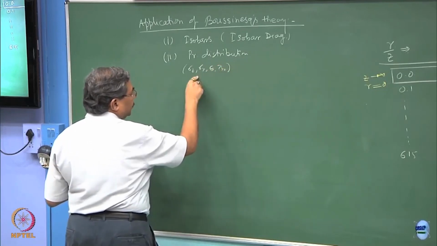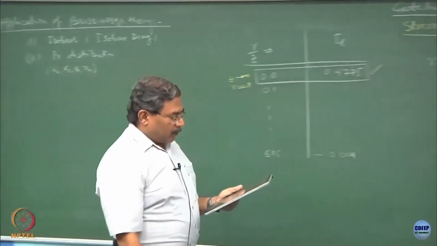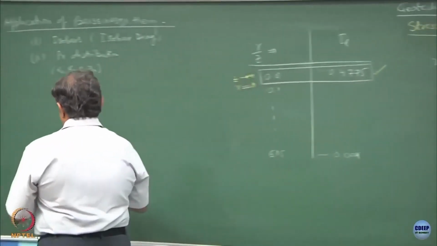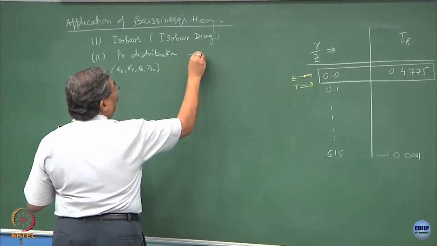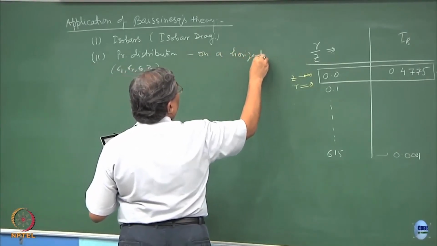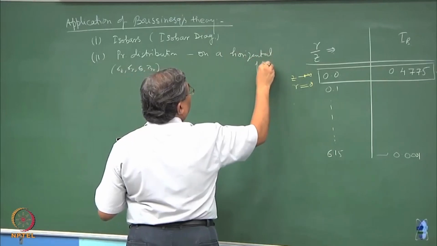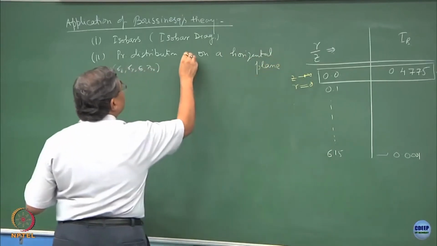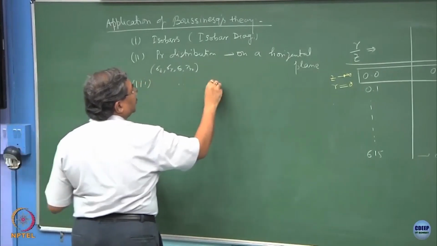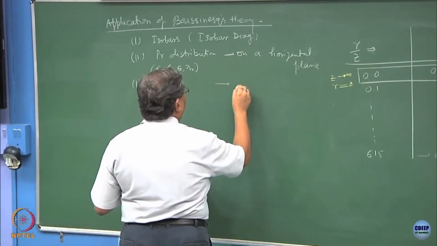This is the state of stress acting at a point P because of the external loading Q. So, pressure distribution on a horizontal plane and the third thing would be to get the pressure distribution on a vertical plane.